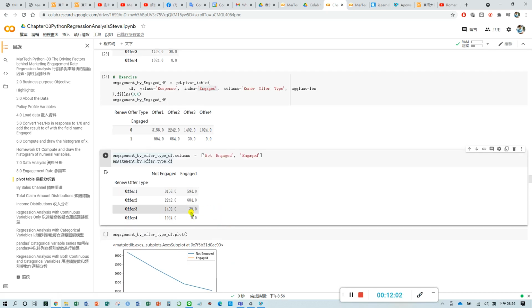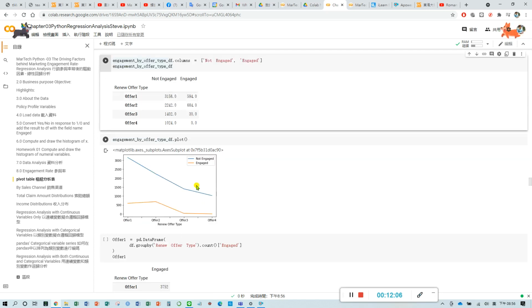Okay, so we know the relationship between these two variables. We have to draw the diagram with these two lines to distinguish not engaged and engaged across the 4 types.